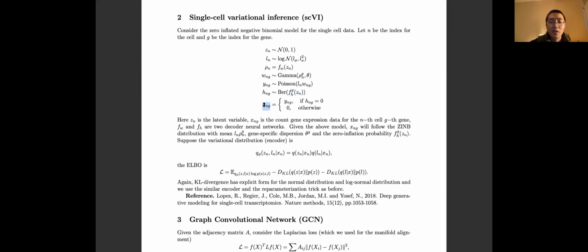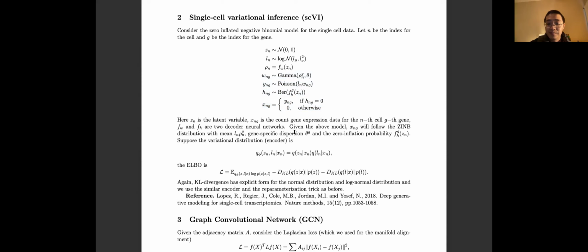Then the observed gene expression level has two terms: if HNG is equal to 1, it is equal to 0, otherwise it is equal to YNG. Combining these, we can say this is a zero inflated negative binomial distribution. We have a zero inflated term here.